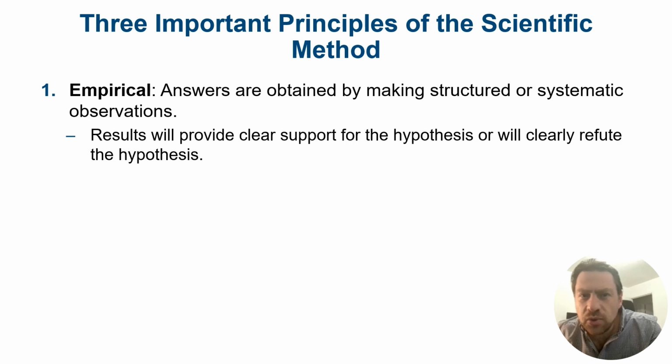All right, so let's discuss 3 important principles of the scientific method, and those are as follows. Science is number 1, empirical, number 2, public, and number 3, objective. So let's begin with the first. Science is empirical, and this means that answers are obtained by making observations.